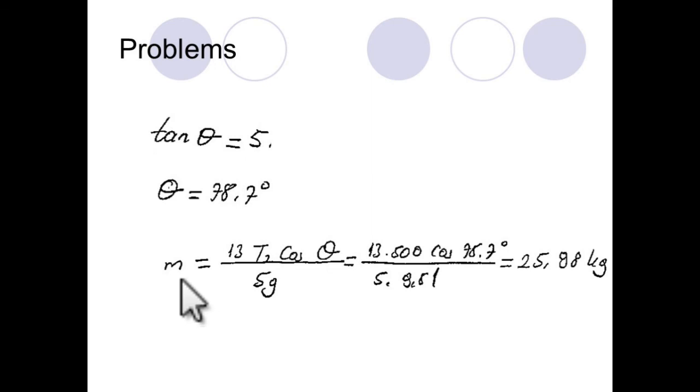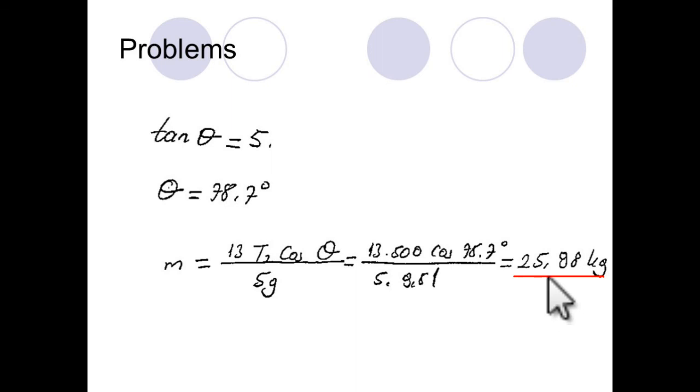I will find this expression: 5 mass is equal to 13 T2 cosine theta divided by g, from the equilibrium in the x direction at point C. And I will substitute the values into their places: 13, tension in the cord is 500, cosine 78.7 degrees divided by 5 multiplied by 9.81, the gravitational acceleration, and I find the value for the mass, the maximum load, as 25.98 kilograms.